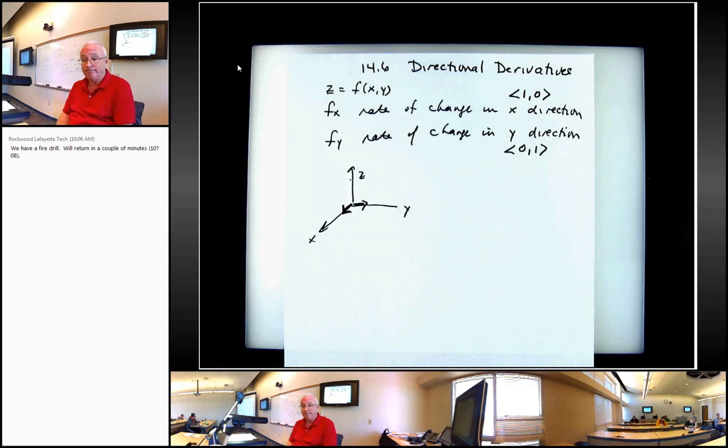Now, what we have here with directional derivatives is that we don't just confine ourselves to those two particular unit vectors as directions. We can look at any unit vector pointing in any direction in that xy plane.